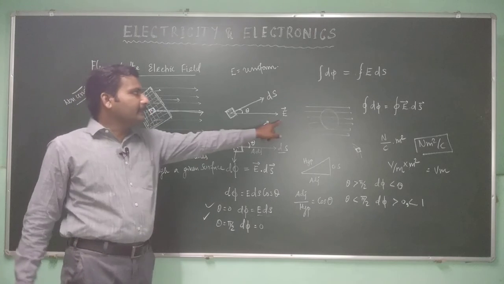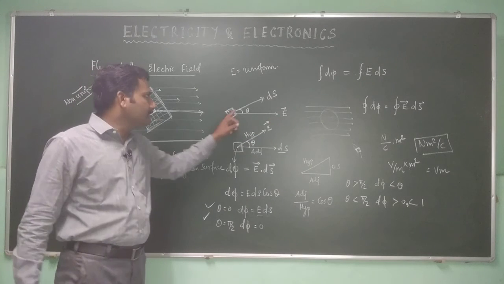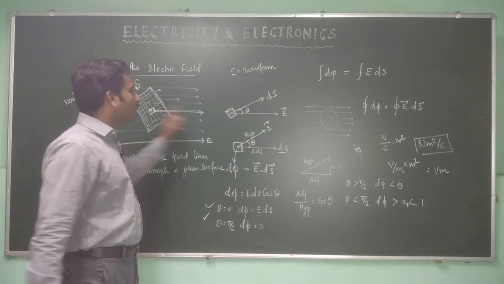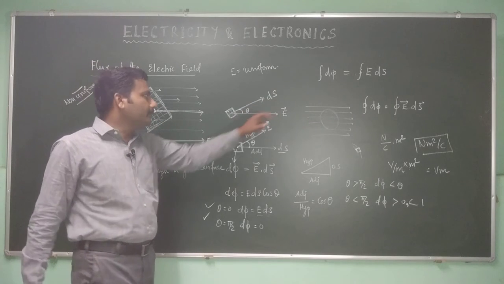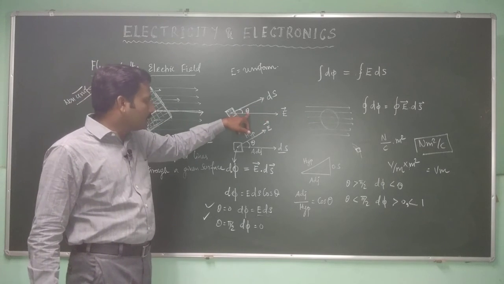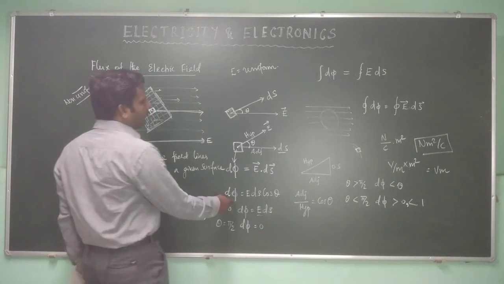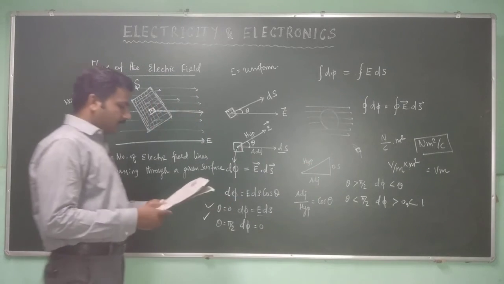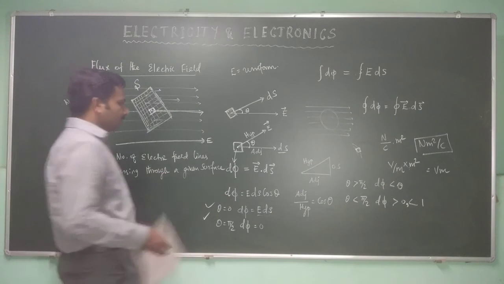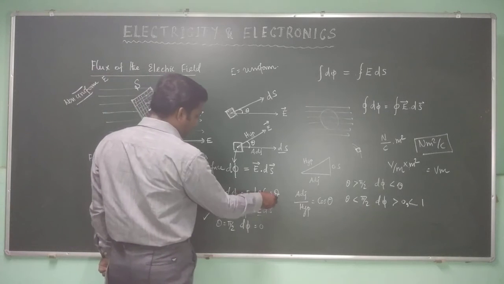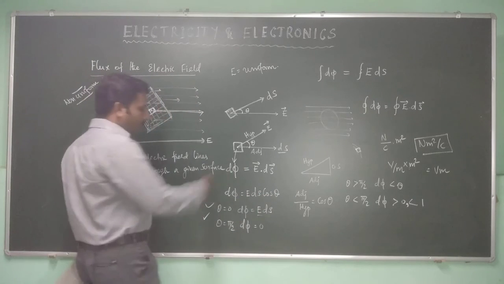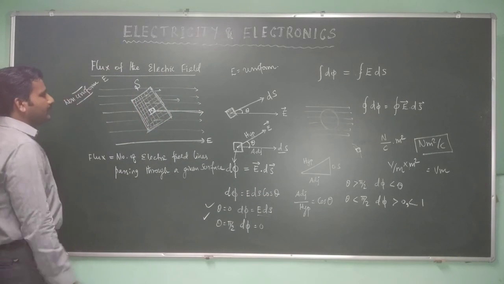We have written an electric field component in this direction. The normal component to this square is ds, that is the area component. The angle between them is theta. With the help of trigonometry, we can write d phi as E ds cos theta.